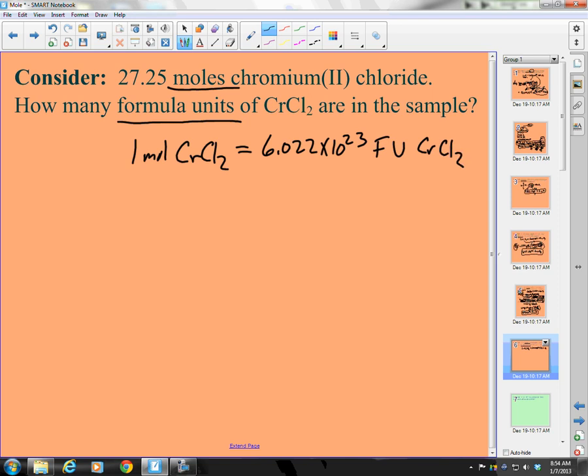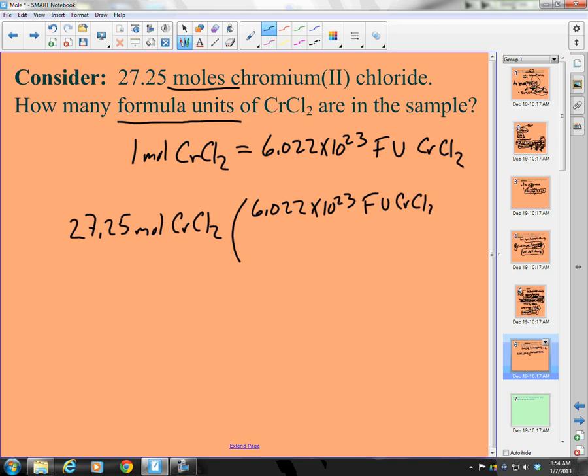So this is my equality, 27.25 moles of chromium(II) chloride times 6.022 times 10 to the 23rd formula units of chromium(II) chloride per 1 mole of chromium(II) chloride. Cool.